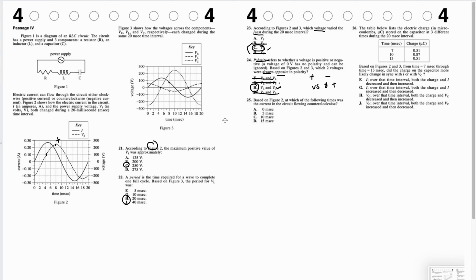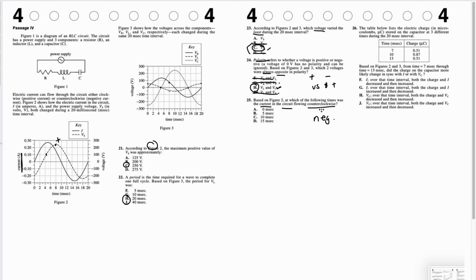Question 25, based on figure 2, at which of the following times was the current in the circuit flowing counterclockwise? Okay, so counterclockwise, let's look at some information up here. Either clockwise or counterclockwise, counterclockwise means negative current. We're looking at the current I in amperes.